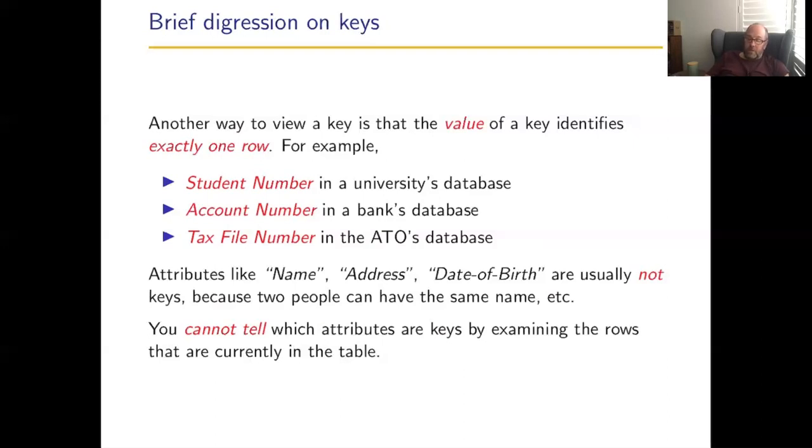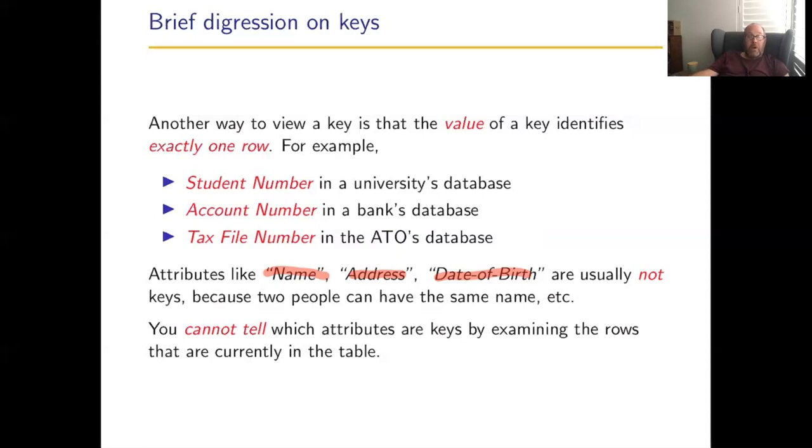Here are some other things which are attributes, but they're not keys. Like name, there can easily be two students called John Smith, for example. Address, there can easily be two students with the same address. Date of birth, there can obviously be many, many students with the same date of birth. So those attributes are not keys.